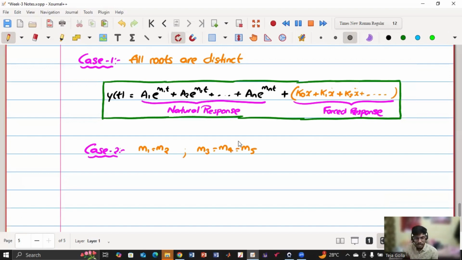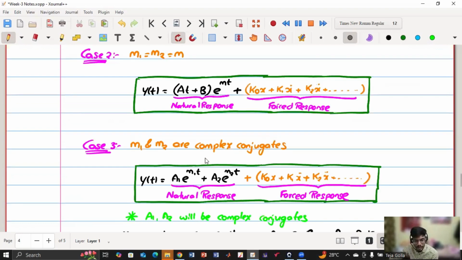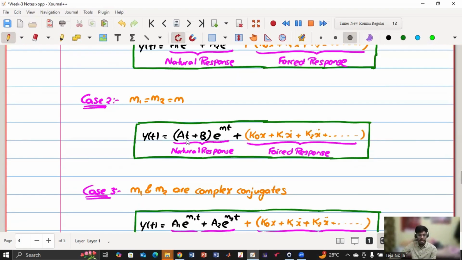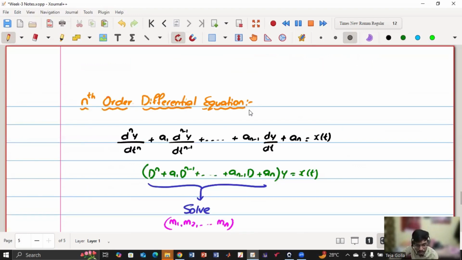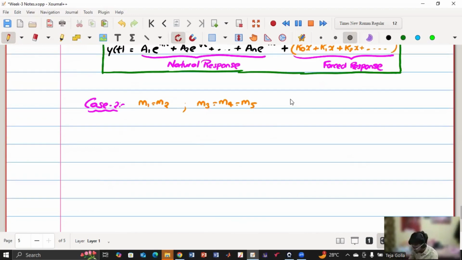What will be the solution in this case? When m1 and m2 are equal, both terms are combined and we have one coefficient, a polynomial of t. So for m1 and m2 we'll have a1 t plus b1, into e to the power m1t.